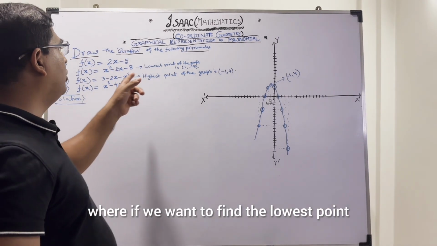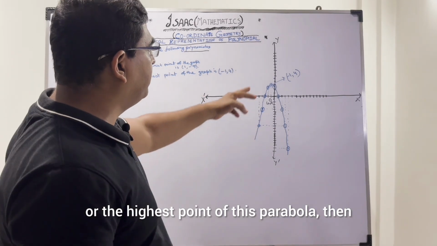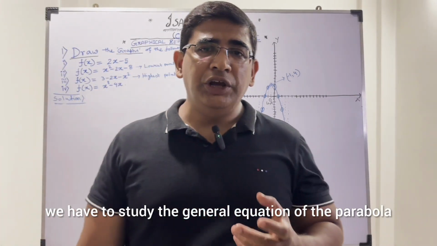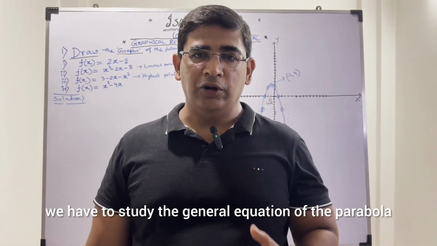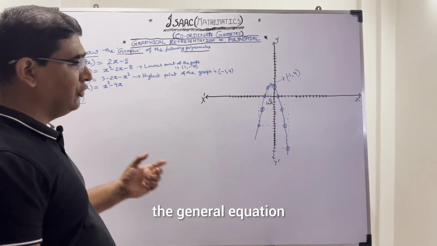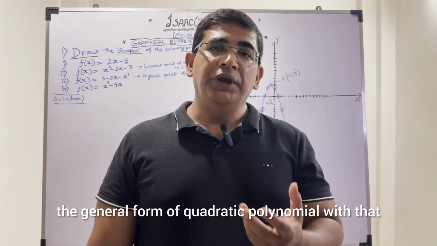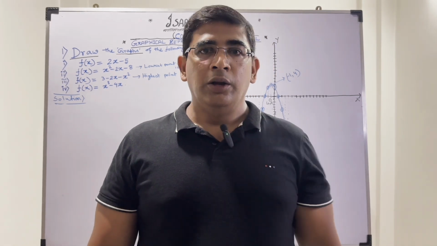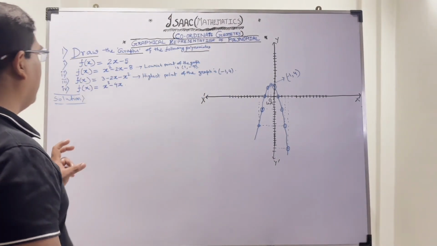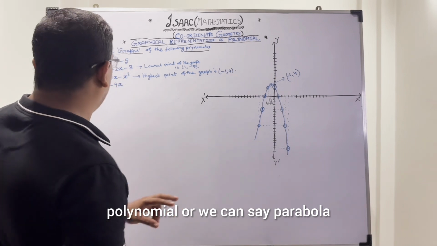If we want to find the lowest point or the highest point of this parabola, then we have to study the general equation of the parabola. Okay, and then after comparing the general form of quadratic polynomial with that parabola, we can find the lowest or the highest point of a quadratic polynomial, or we can say parabola.